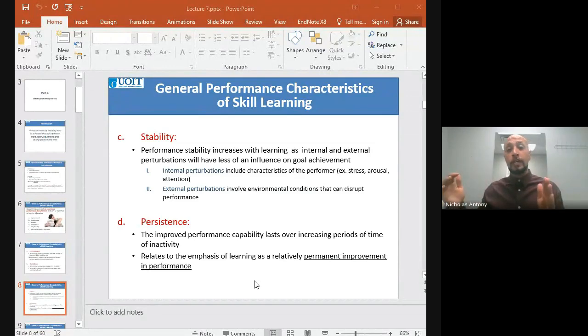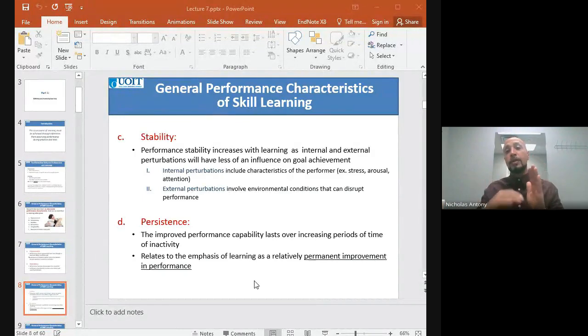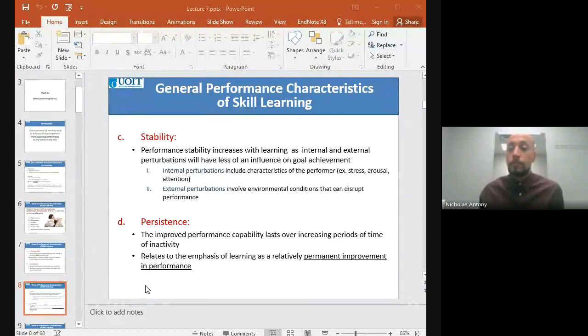When you're first learning, there's going to be a detriment from when you finish one practice session to the next. But as you get better and better, the drop in performance in between sessions decreases because we have a persistence of that learning. Does that make sense? Perfect.